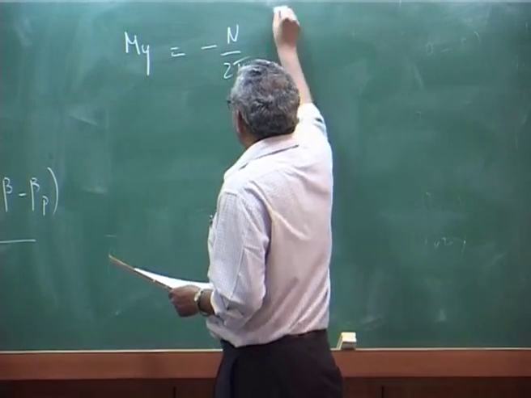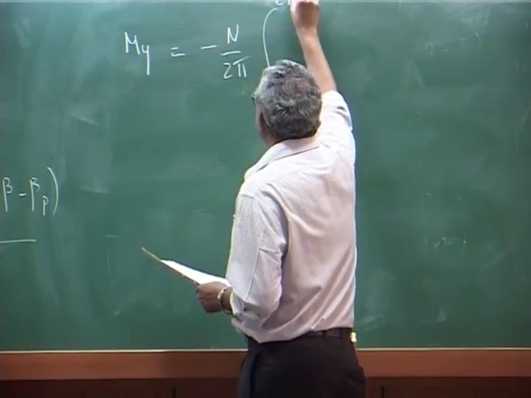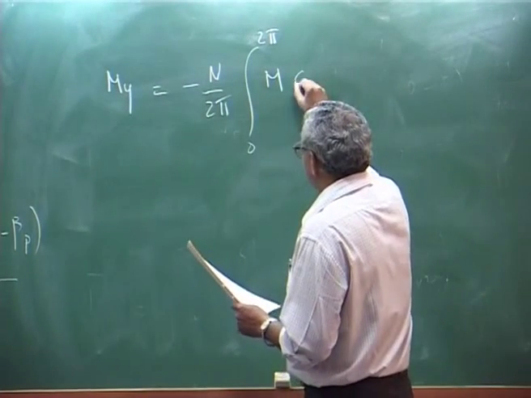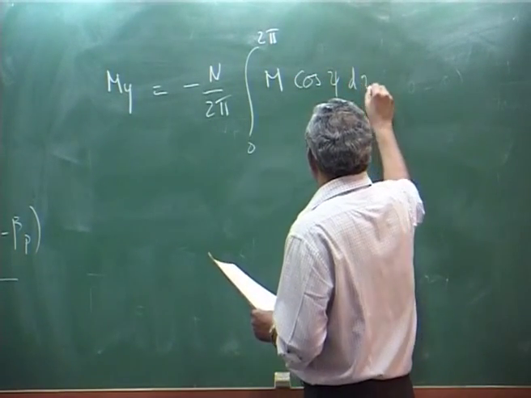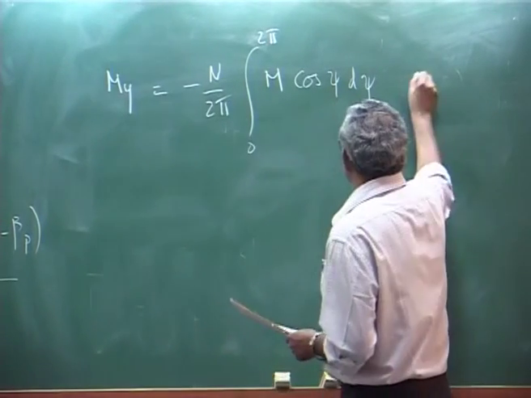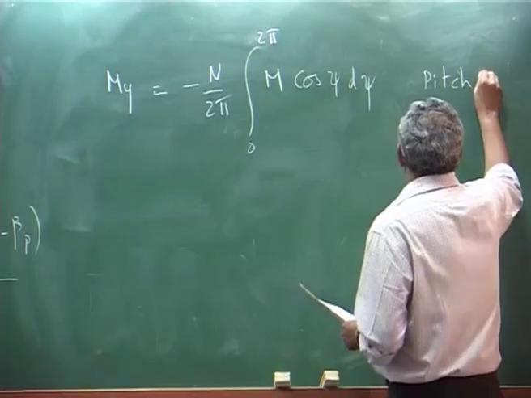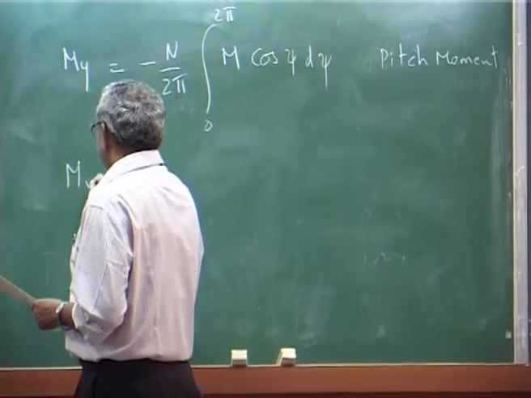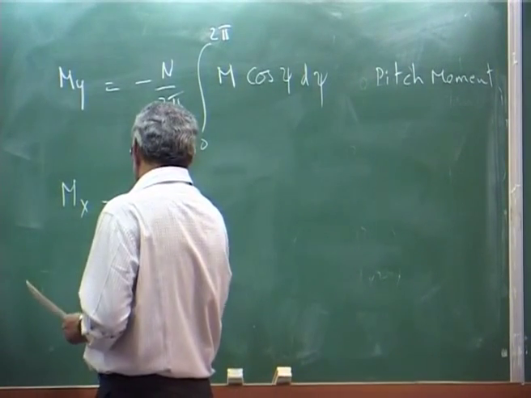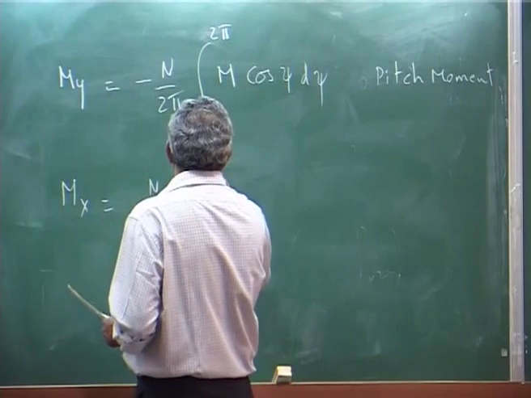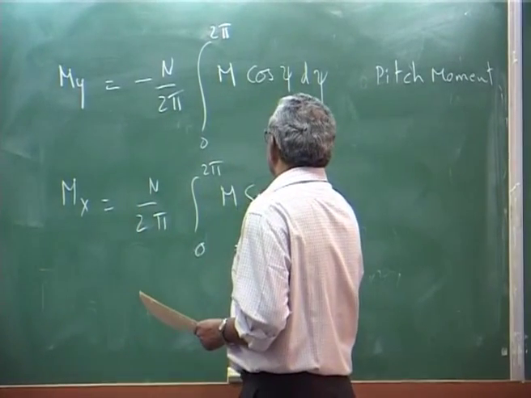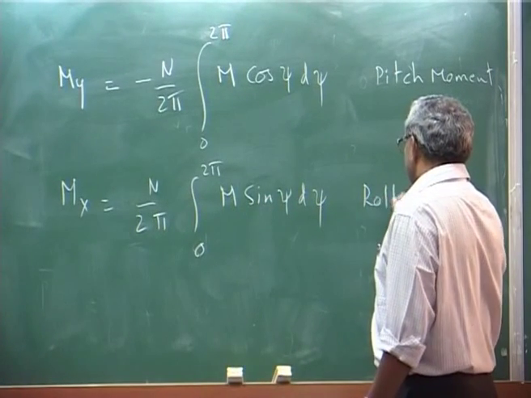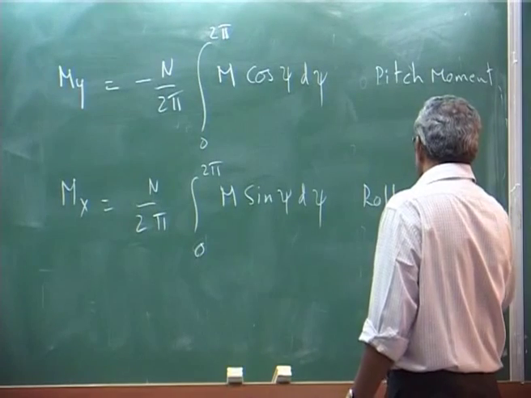Please understand, M_y becomes N over 2 pi, integral 0 to 2 pi, of M, the flap moment, times the component, and this is the pitch moment. Similarly, roll moment M_x is N over 2 pi, integral 0 to 2 pi of M times its component. These are at the hub.